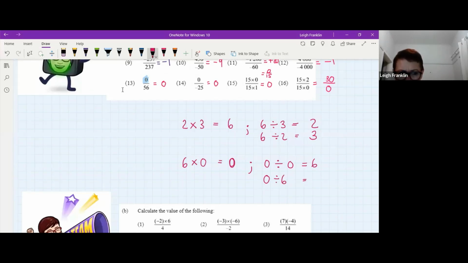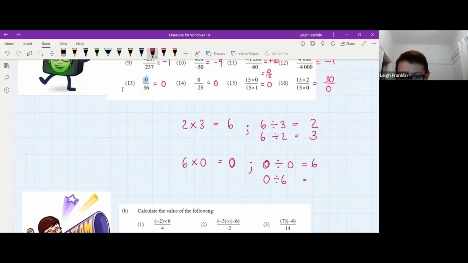Kat, am I right here? 0 divided by 0 is not 6. Why do I feel like I'm being really stupid here? So if we take a number and we multiply it by 0, we always get 0 as an answer.